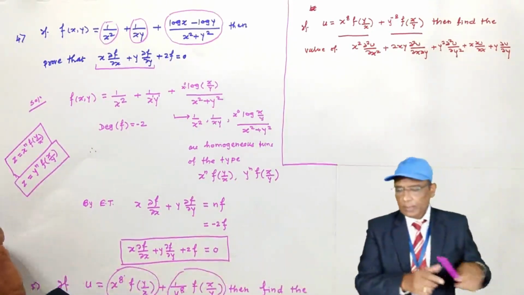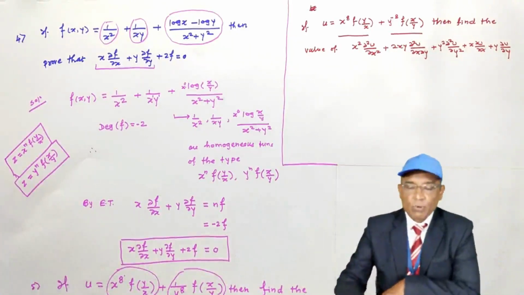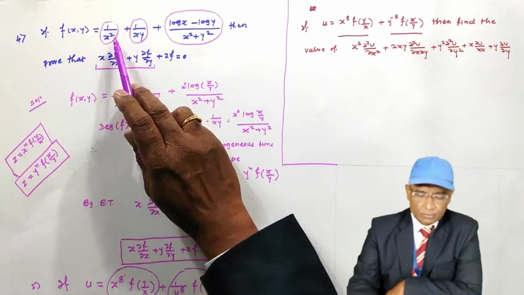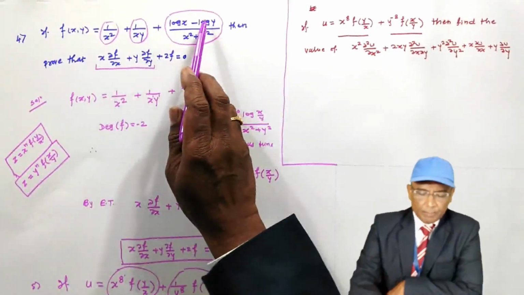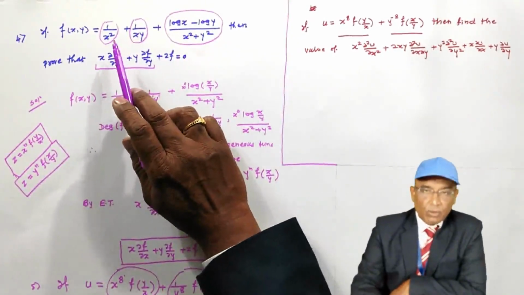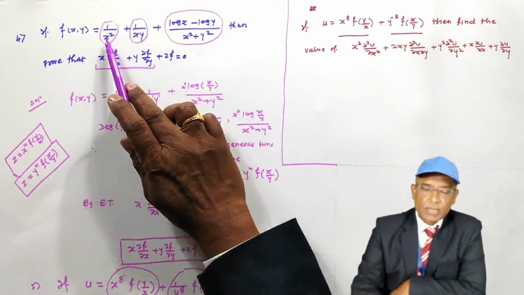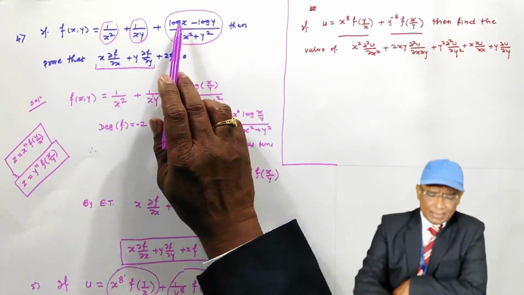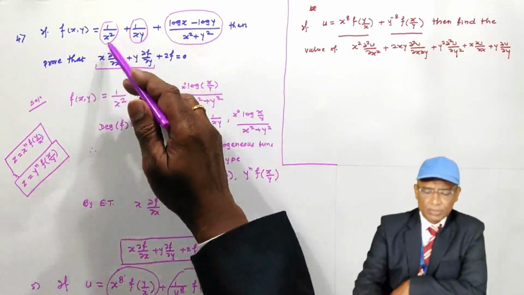Now in the last problem there were 3 terms, and the degree of the first term was -2, the second term was -2, and the third term was -2. Therefore I didn't let this be u, this be v, this be w.